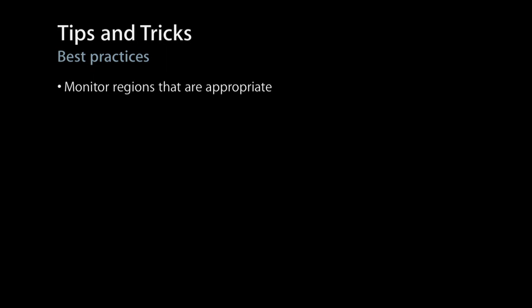The problem is, I don't want to register all 1,000 locations because that's not meaningful to the user. What you want to do is maybe grab their current location and then decide which regions would be most appropriate to monitor. Or even let the user decide which locations they care about. You want to ensure that you're not inundating the user with prompts for things that they don't care about.